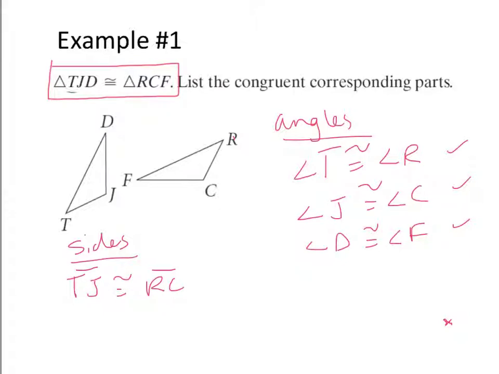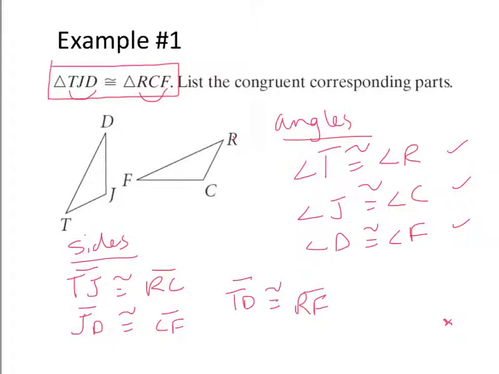So I took the first two with the first two. Then I'm going to take the second two, JD, is congruent to the second two on the other side, CF, and then the last side would be the first and the third. TD is congruent to RF.